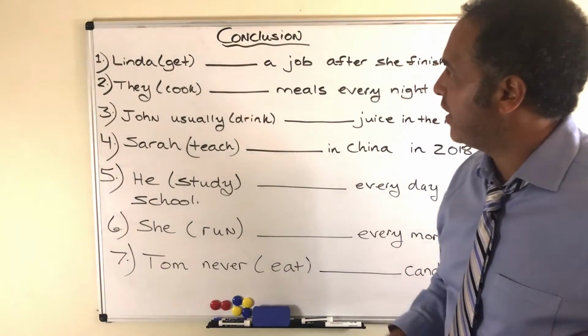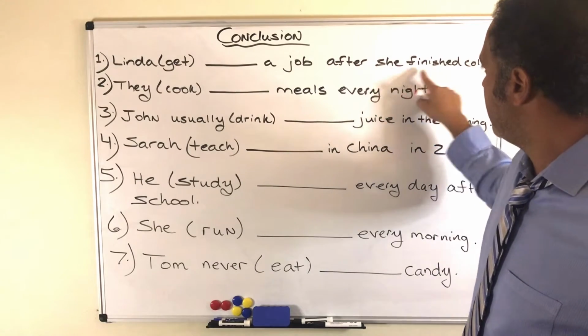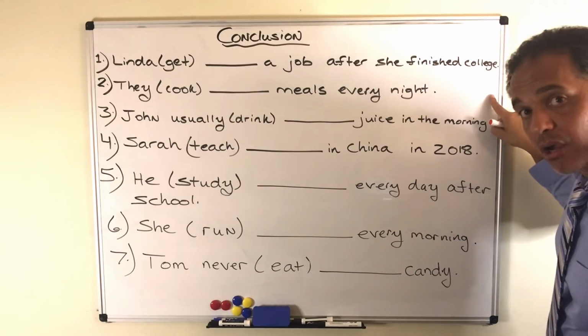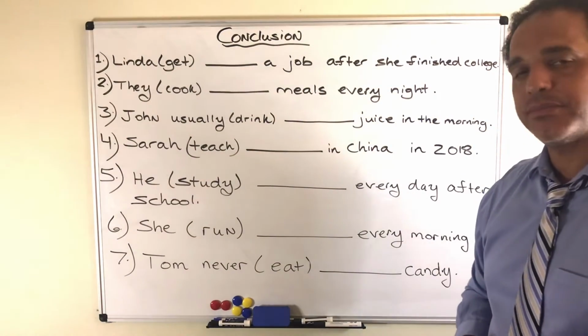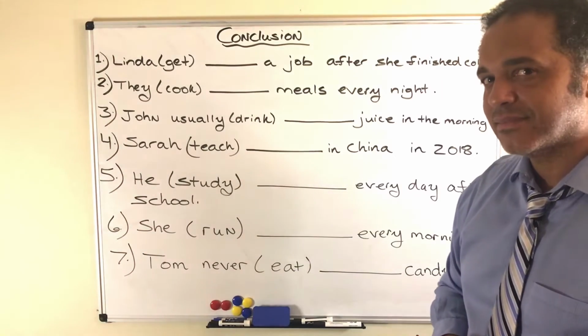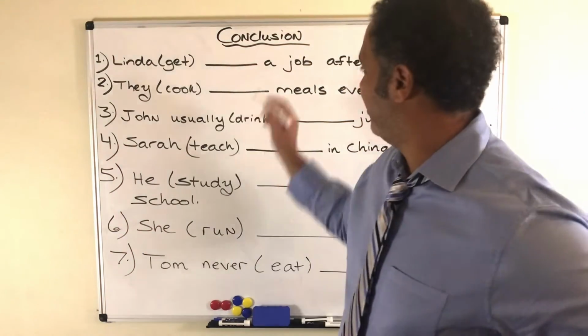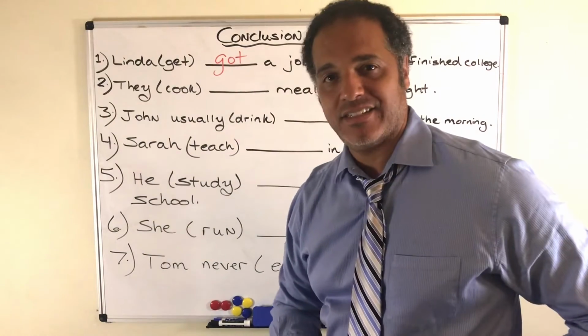Okay, for number 1, Linda blank a job after she finished college. So, what do you think the answer is there? Okay, if you said past tense, you're right. So, Linda got a job.